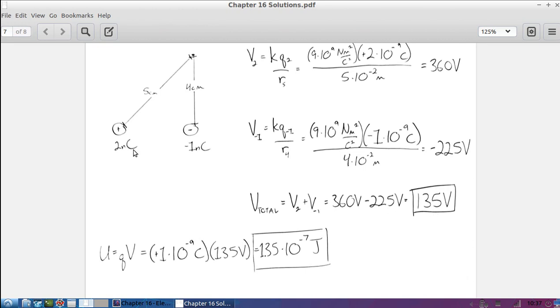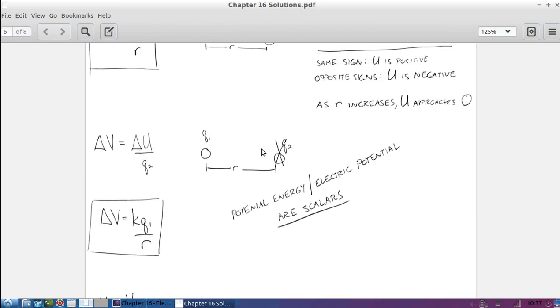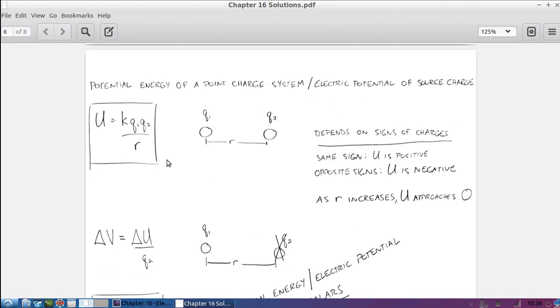So now the second part says put a positive 1 nanocoulomb charge there and then find the potential energy of the system. So we've got our relationship between force and field. We also have our relationship between potential energy and potential. I don't have to do this twice, for the 2 nanocoulomb charge and the negative 1 nanocoulomb charge.